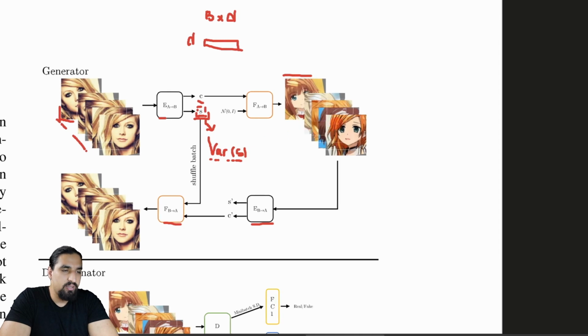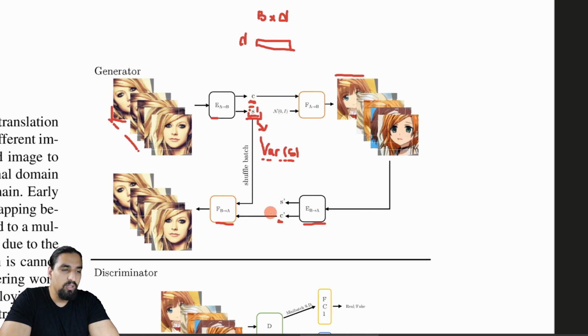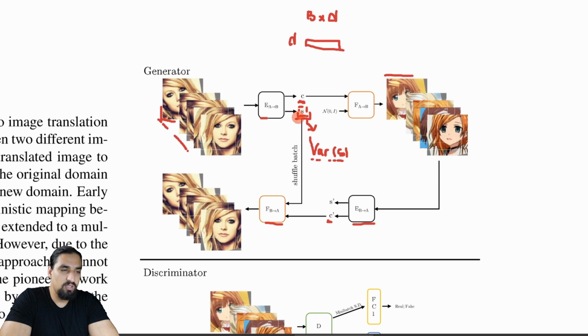The second part is that after they generate these images, they feed them back here. As you can see, they want to preserve the content code. So this C prime, they want to make sure those are the same as these C's here. They'll feed the same style codes here, take the content here, and try to reconstruct the very same images as in the input batch.